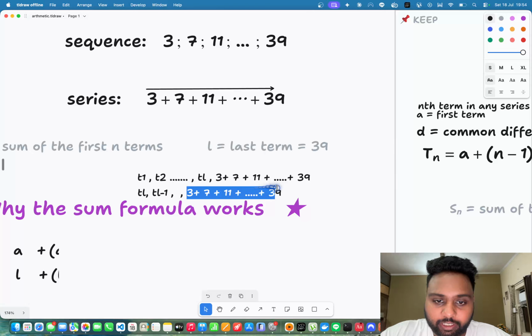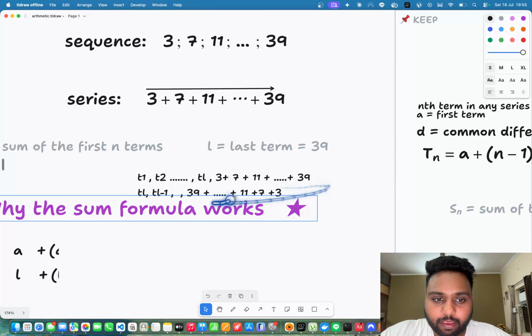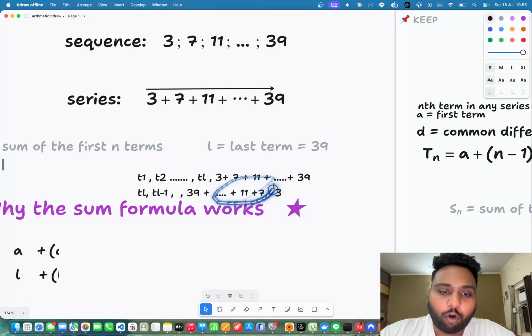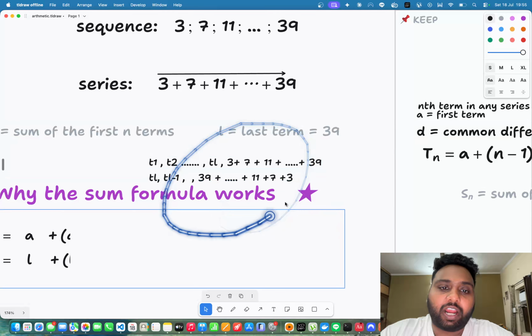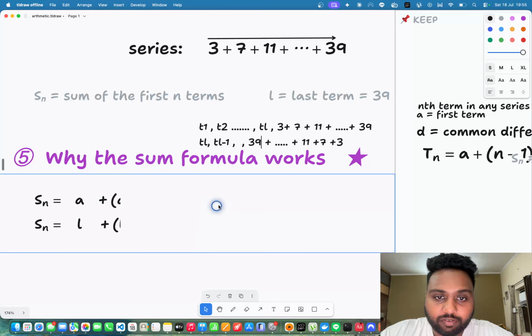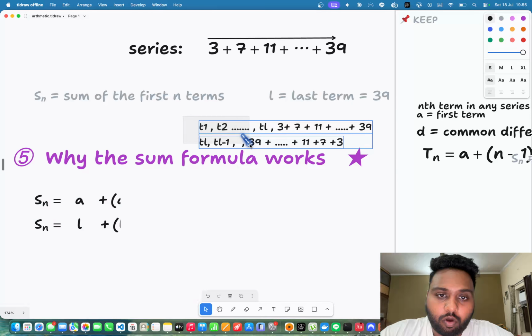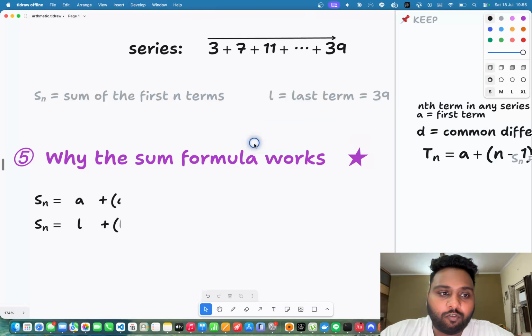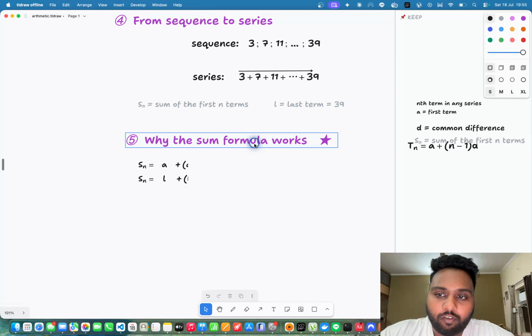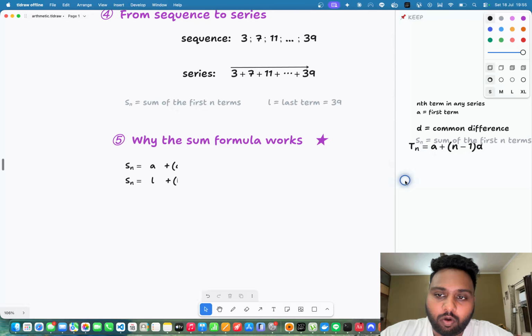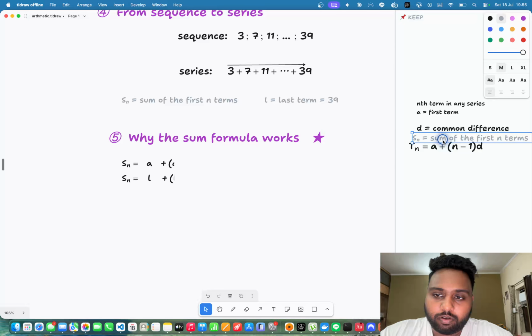Instead of writing this, if I write 39 plus dot dot dot plus 11 plus 7 plus 3, it does not make a difference, right? In what order we add terms, it does not make a difference. Now we are going to understand why we did this and how we are using it.